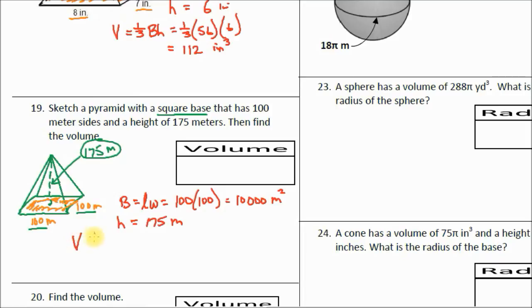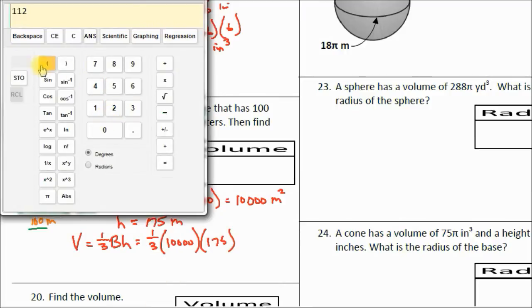Remember again, be careful, volume is 1/3 of base area times height, because this has an apex and it gets narrower. The slices get narrower as they move toward the apex. So this is 1/3 of 10,000 times 175. Let's put that in our calculator.